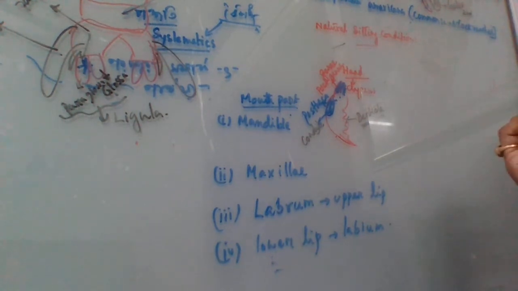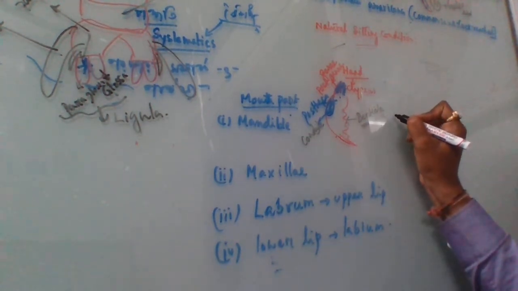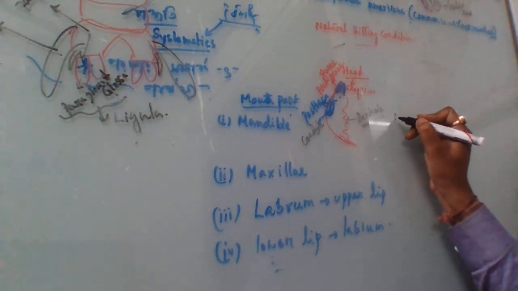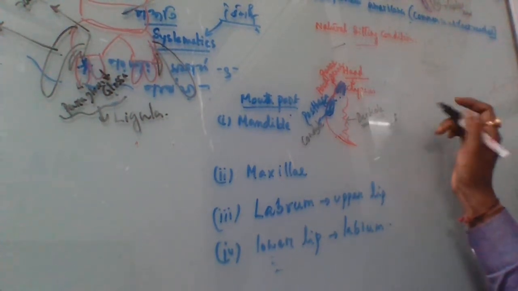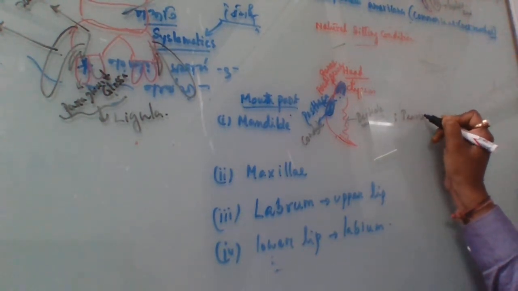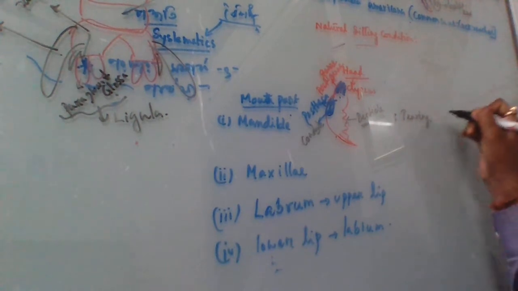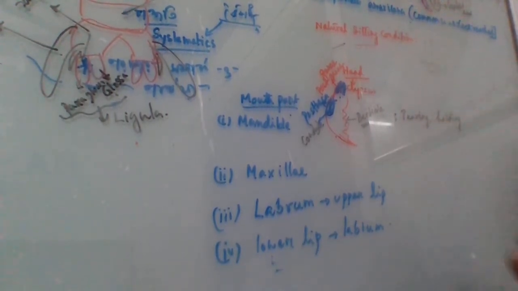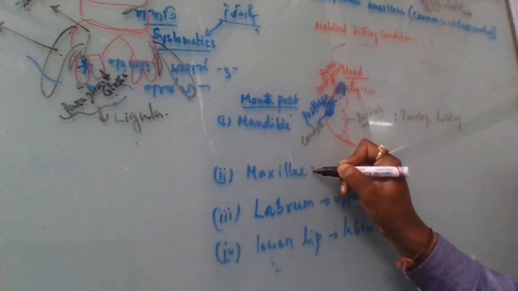It is very hard exoskeleton, and the mandible does the first work when it gets food. It tears the food. Tearing is the function, holding to some extent is a function, but mainly the function of holding is done by the maxilla.